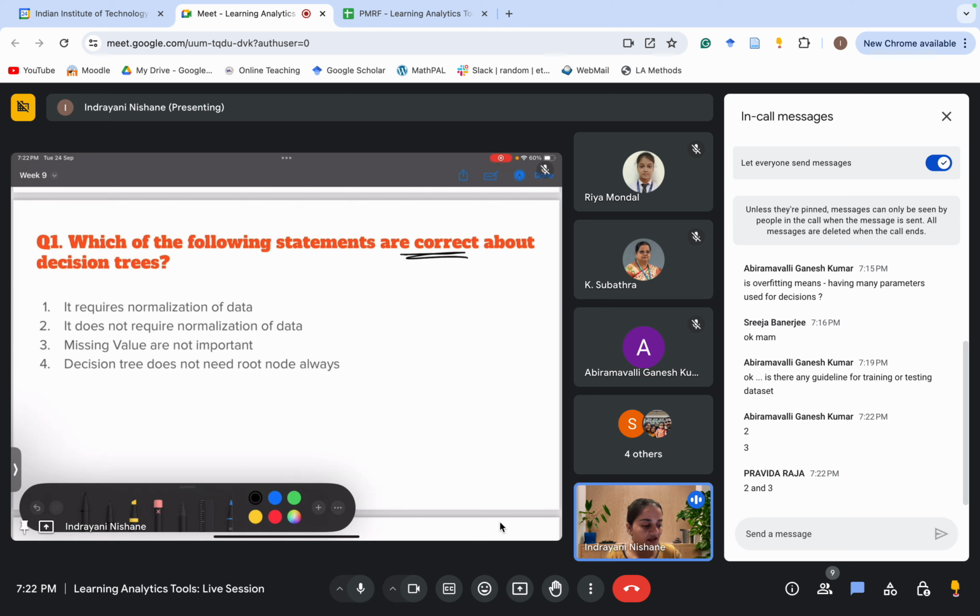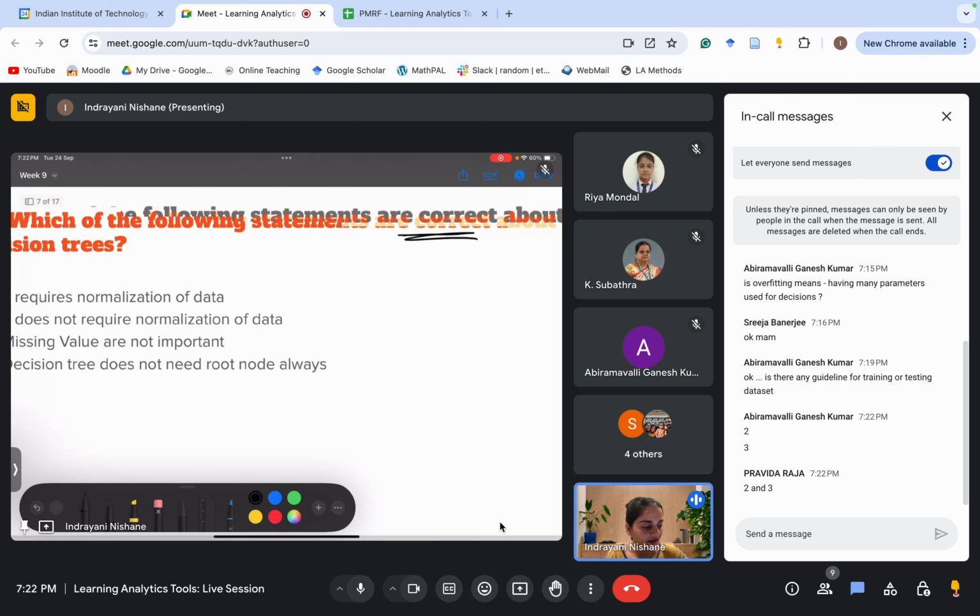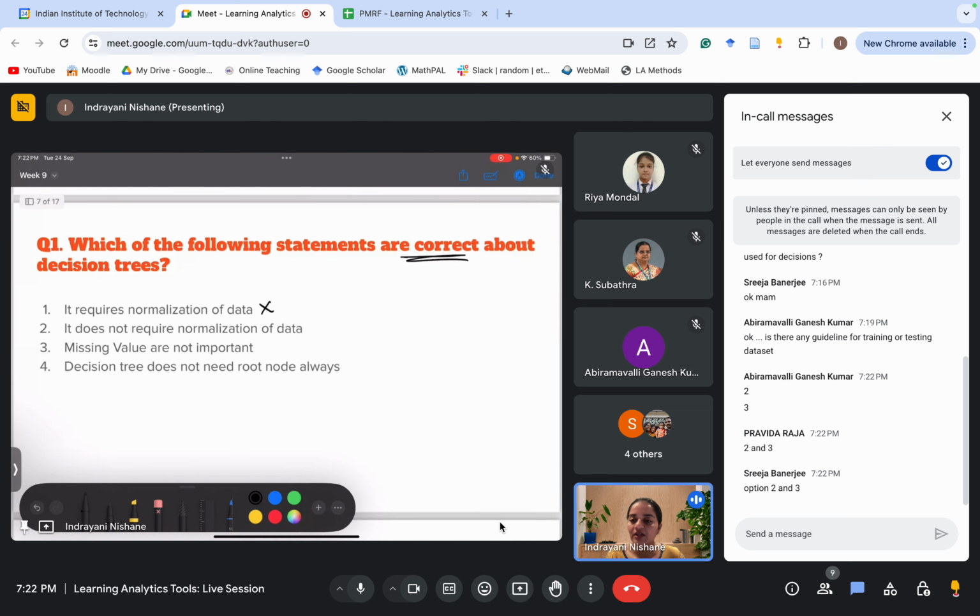Decision tree requires normalization of data. No, it works on categorical variables very well. When we are dealing with categorical variables, it does not require normalization, so this is not correct. Then second, it does not require normalization of data. Yes, of course, it does not require data to be normalized. Then missing values are not important. It is correct, missing values are not that important, because whatever we have.